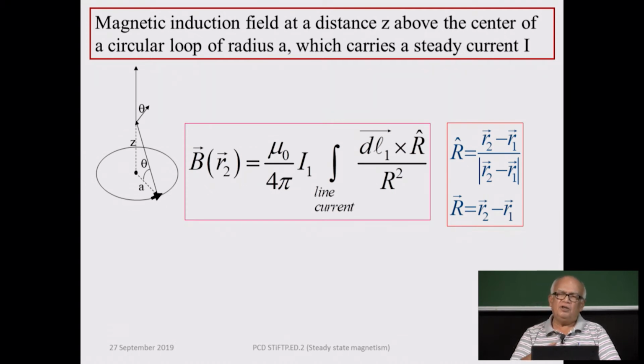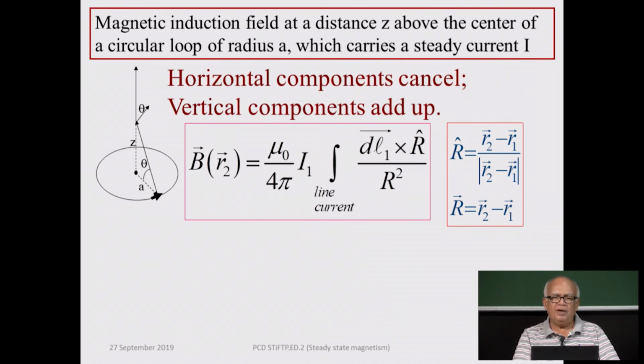So, we will introduce more and more complexity. We will use the simple geometry first, that you have got a circular path, it still is regular, it has got a specific geometrical shape in which the current flows, and the magnetic induction field at the field point R2 is given by the integration of the Biot-Savart law, right.